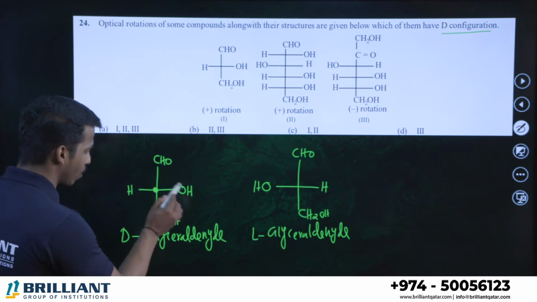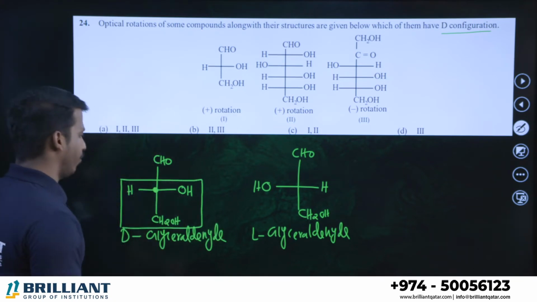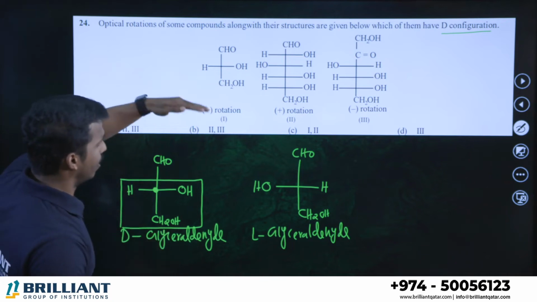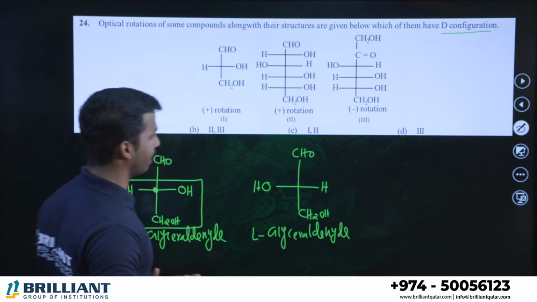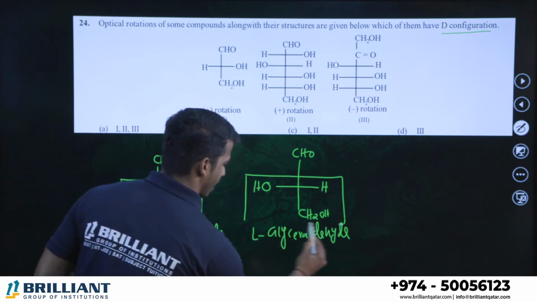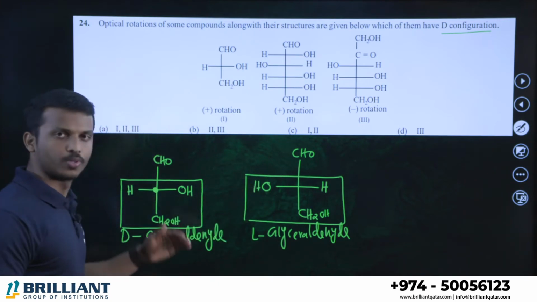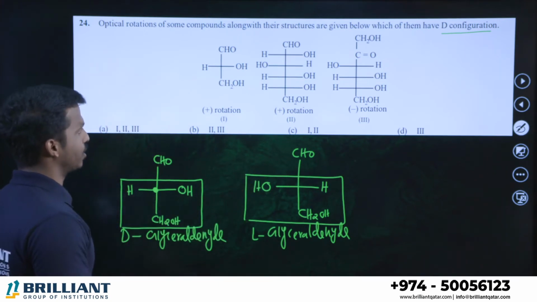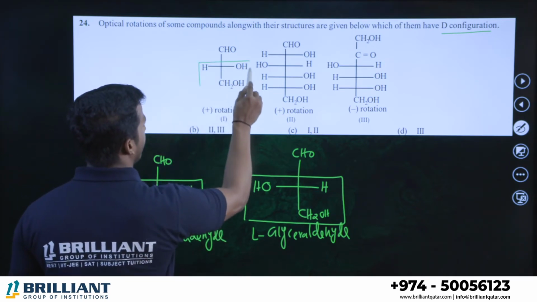Correct? Yes. So if you observe this part, in the bottom area of the carbohydrate, with OH on the right you can say it is D configuration. If OH is on the left side in the bottom part, it is L configuration. In the first compound, all of you just mark the area which I mentioned here.